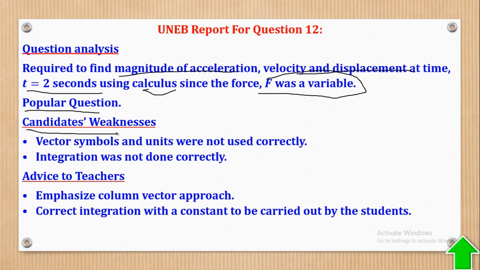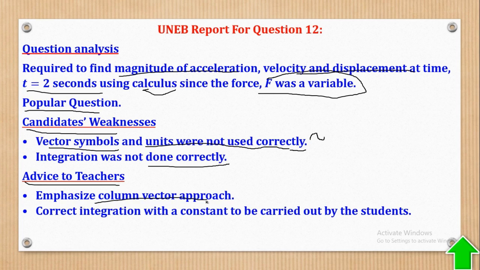The weaknesses of candidates are, one, vector symbols and units were not used correctly. So vector symbols must be used correctly. That tilde there is very, very vital. Then integration was not done correctly, so you must be keen when you're integrating. Advice to teachers: emphasize the column vector approach.